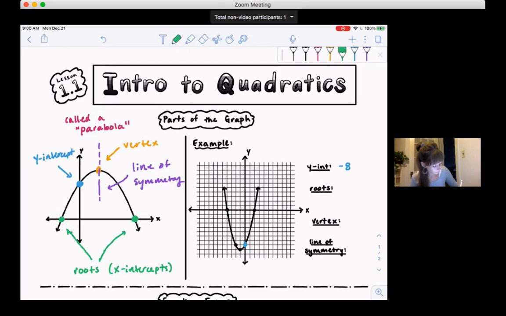So we have a root of 2 and a root of -1. Okay, the vertex, that's our highest or lowest point, so that would be that point right there. So that's going to be -1, -9. We need to give both the x and y coordinate for that point.